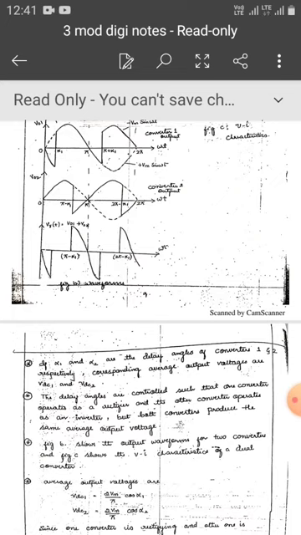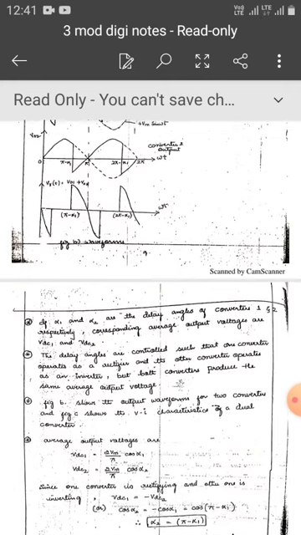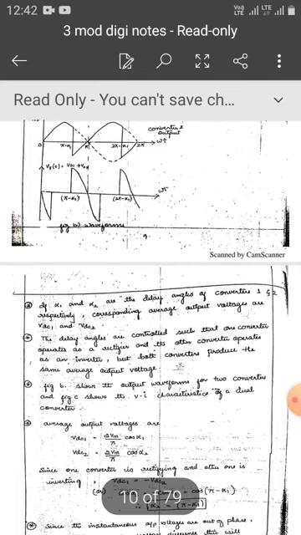Hence a small amount of circulating current flows between the two converters. This current does not flow through the load. The circulating current is limited by the circulating current reactor LR. The circulating current reactor is connected between the two converters as shown in the figure.